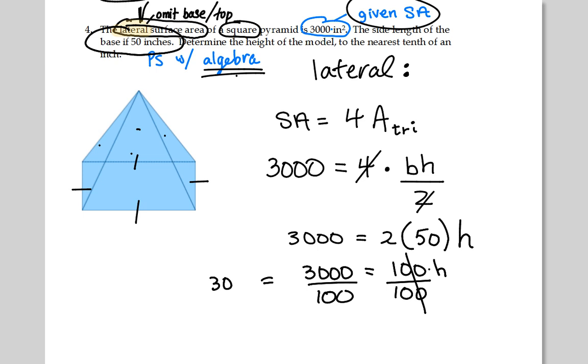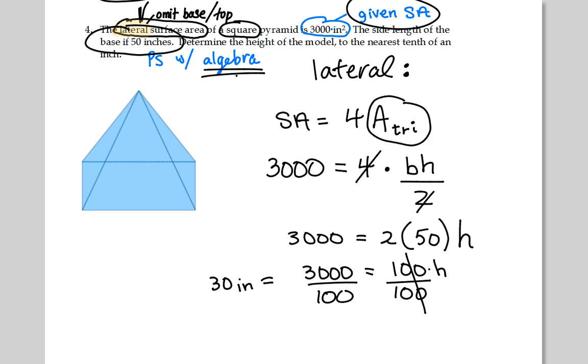And then this is where some of you will get mad at me, which is understandable. What did we just solve for? Of what? Height of what? Height of a triangular face or height of the pyramid? Nope.